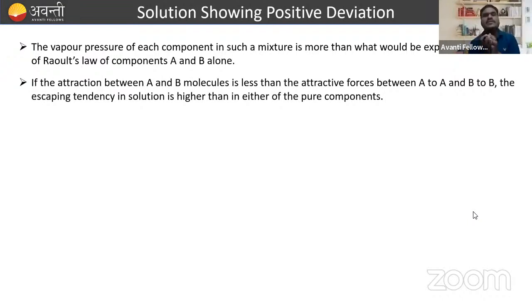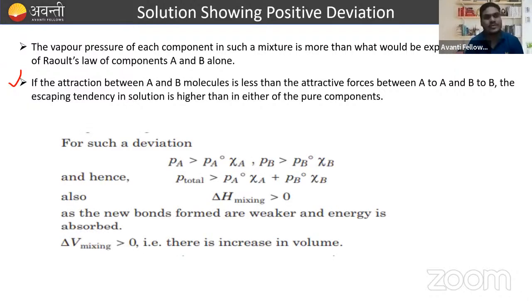Similarly, when the force of attraction between the solute and solvent is more, then escaping tendency is less and less vapor will be observed. So in this, if the attraction between A and B molecules is less than the attractive force between AA and BB, then the escaping tendency in the solution is higher than either of the pure components.